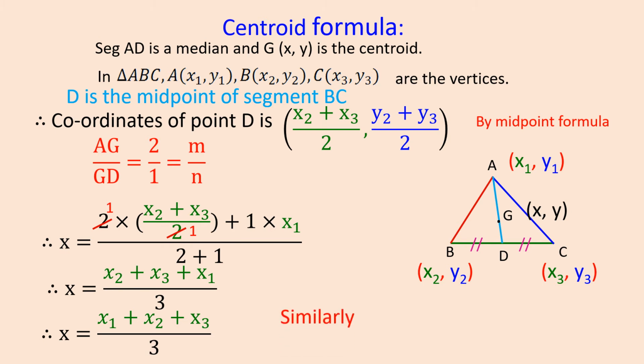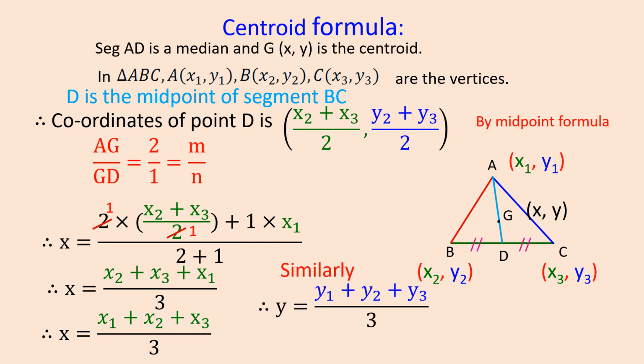In the same way we can calculate (y1 plus y2 plus y3) upon 3. Therefore x equals (x1 plus x2 plus x3) upon 3, and y equals (y1 plus y2 plus y3) upon 3, known as the centroid formula.